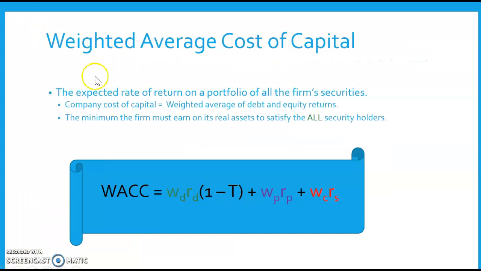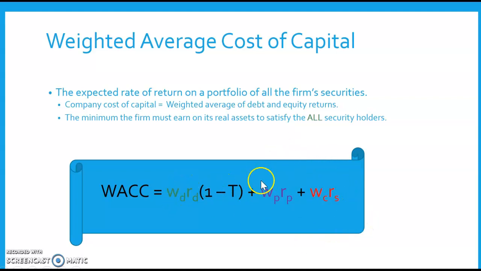So we put this all together to come up with the weighted average cost of capital. Remember, when we're talking about a weighted average, we're going to do a weight times a cost plus a weight times a cost. So all this equation says is the weight of debt times the cost of debt. We'll talk about this 1 minus t in just a second, plus the weight on preferred stock times the cost of preferred stock, plus the weight coming from common stock or common equity times the cost of common equity.